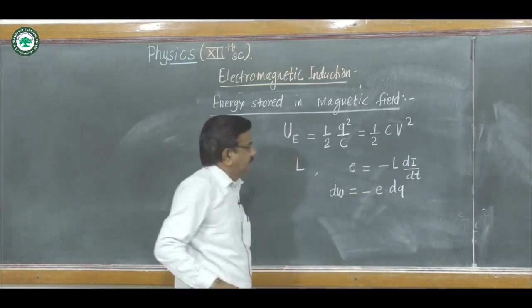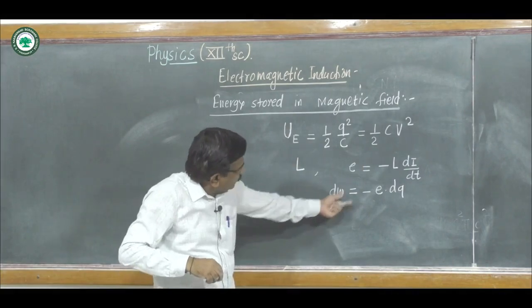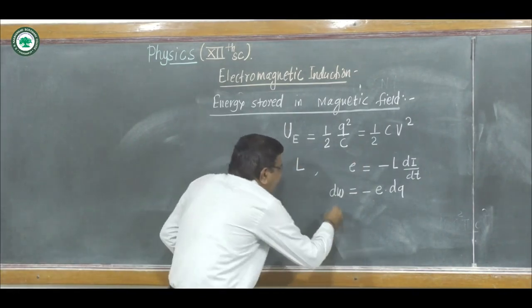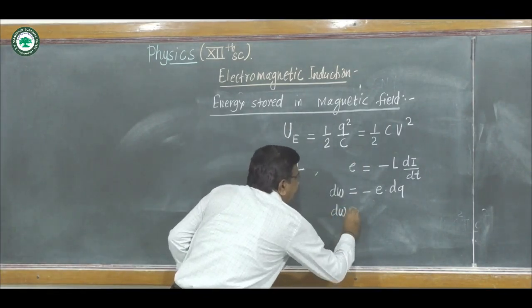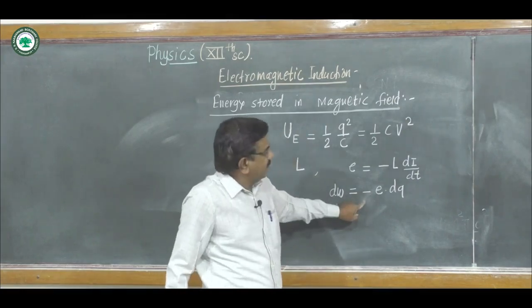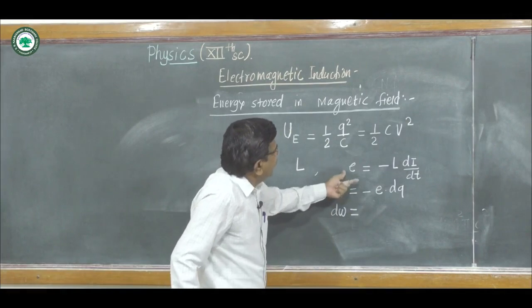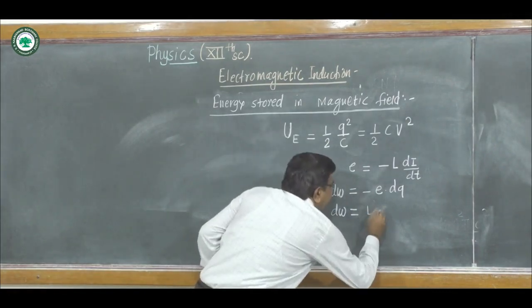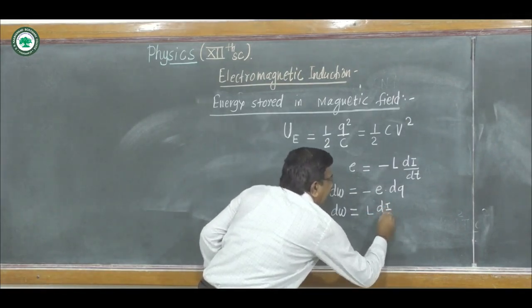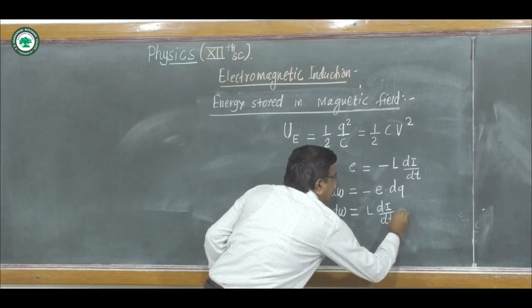Substituting the value of E, since there is again a minus sign, dw is L di upon dt into dq.